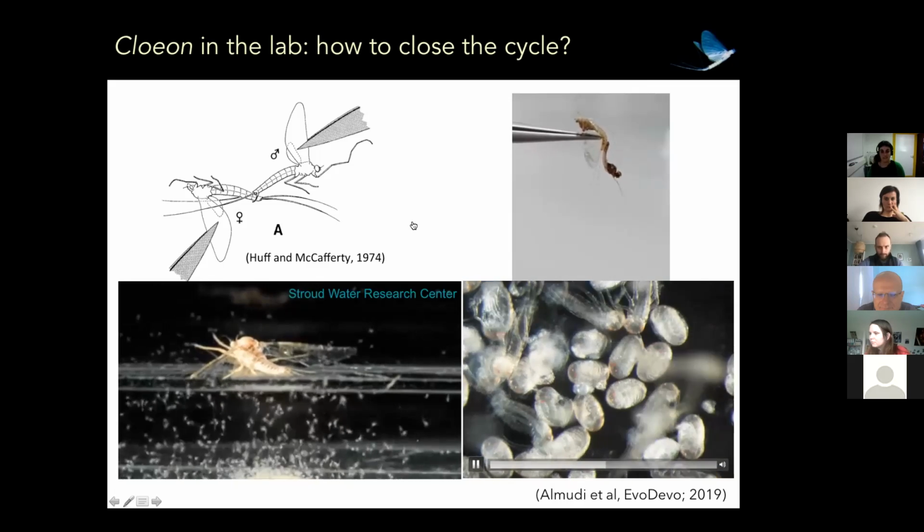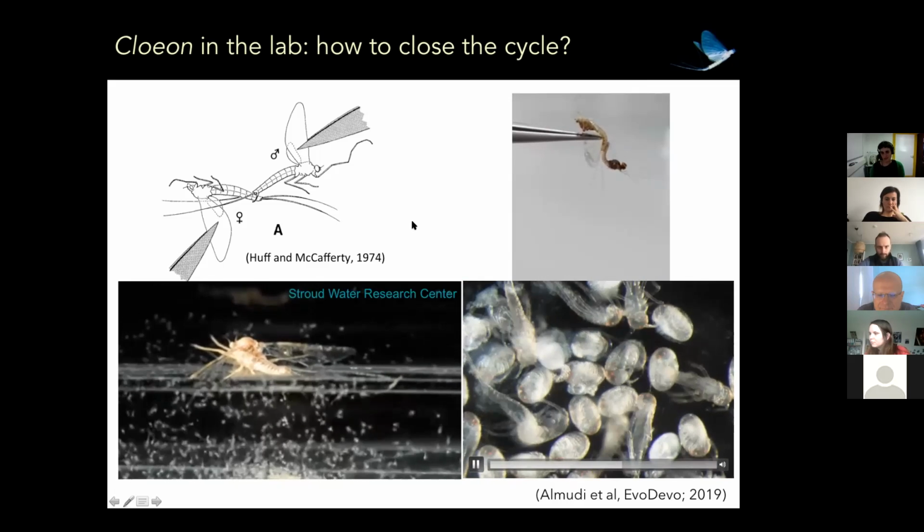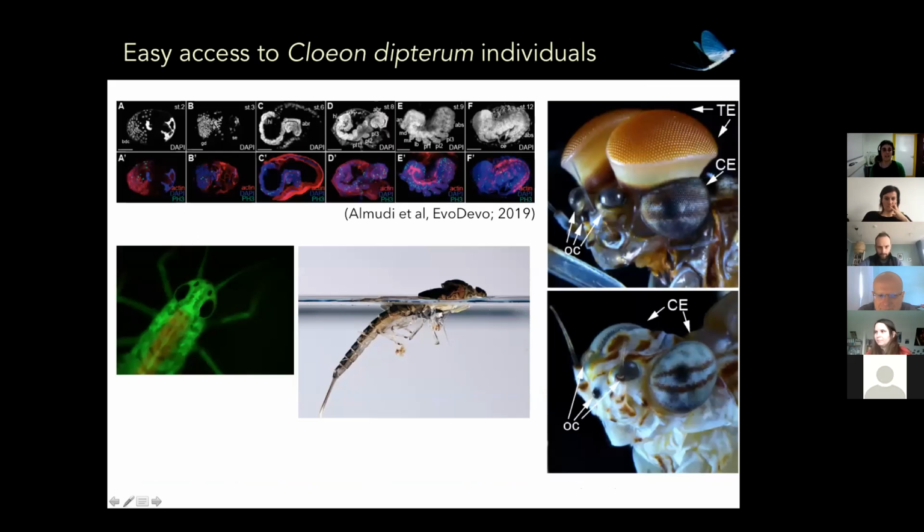So that was nice, because we managed to close the cycle, and this allows us to have easy access to many individuals, as many as we want, because in every clutch we have from 100 to 500 individuals that are synchronized.